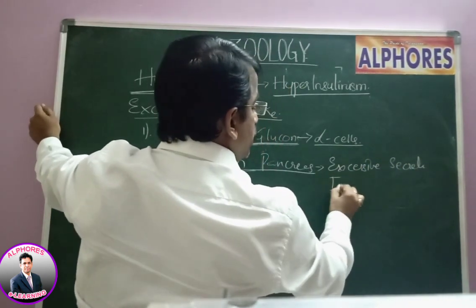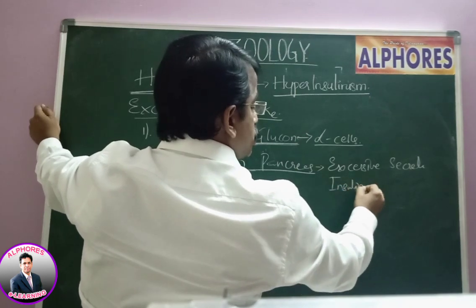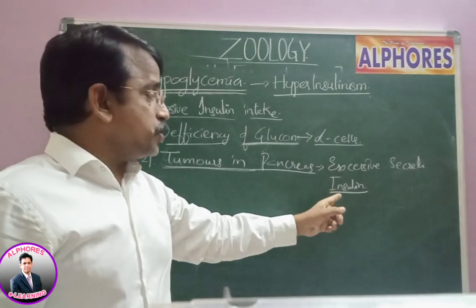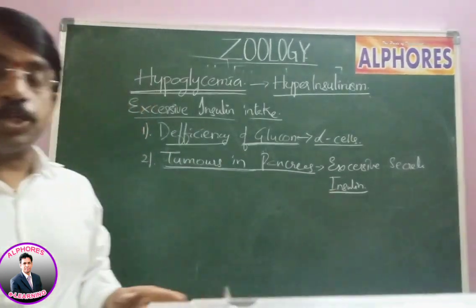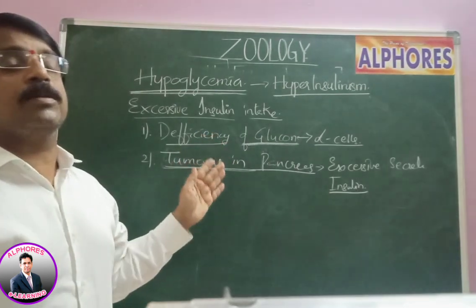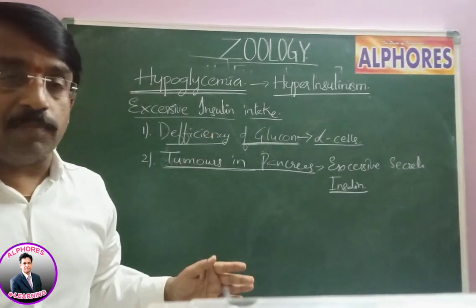Tumors in the pancreas excessively secrete insulin, such that more glucose is converted into glycogen and is not available.